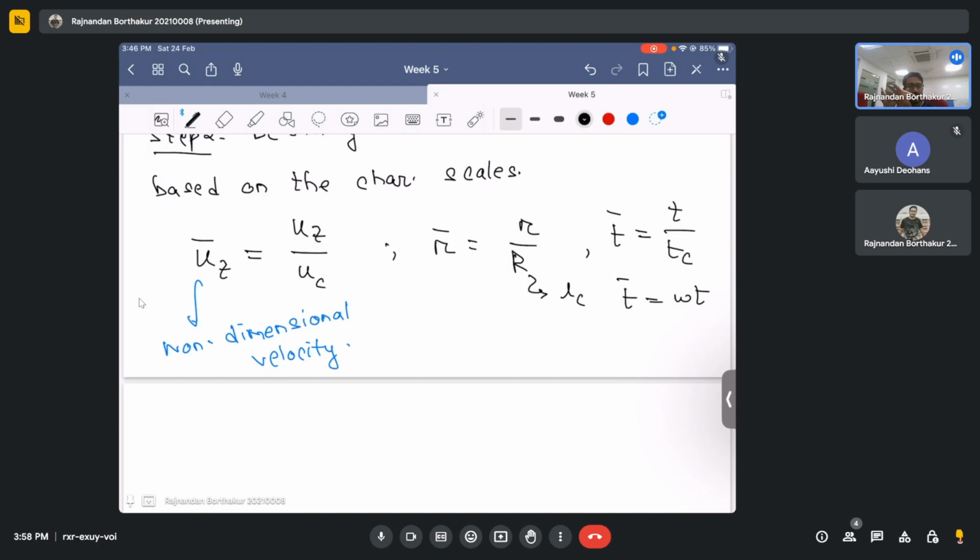The very essence of deriving the non-dimensional variable is that the order of magnitude of all the individual variables will always be order 1. See, uz could be anything. It could be 10 to the power minus 3 meters per second or mm per second. However, as I have already said in the last class, the essence of defining the characteristic velocity is that it should be of the ballpark figure of the actual velocity.